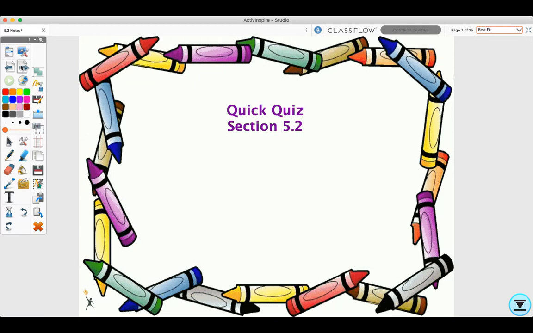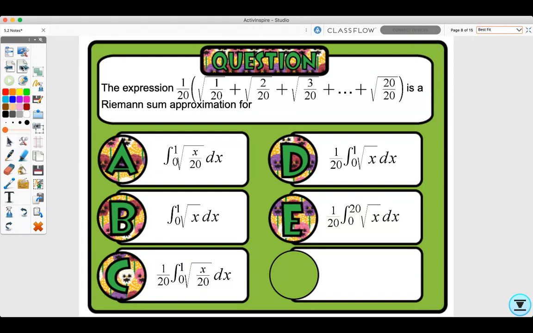Let's look at our first quick quiz from section 5.2. The expression 1 over 20 times the square root of 1 over 20 plus the square root of 2 over 20 plus the square root of 3 over 20, all the way to the square root of 20 over 20, is a Riemann sum approximation for which of the following? Take a minute, pause the video, and try to answer this question.